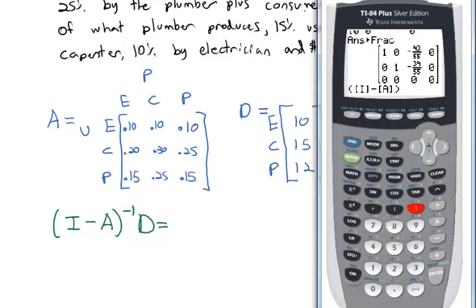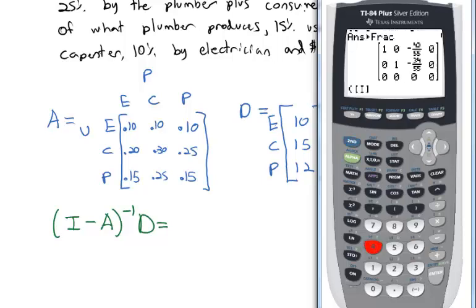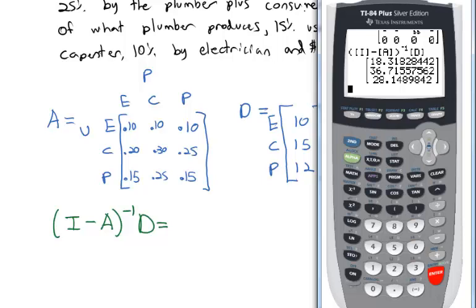And then we want the inverse of that, so we will hit the inverse button, times matrix D. Second matrix. Matrix D is number 4. And so I can see I'm actually typing in my calculator just like the formula, I minus A inverse times matrix D. Hit enter. And it gives me these values.